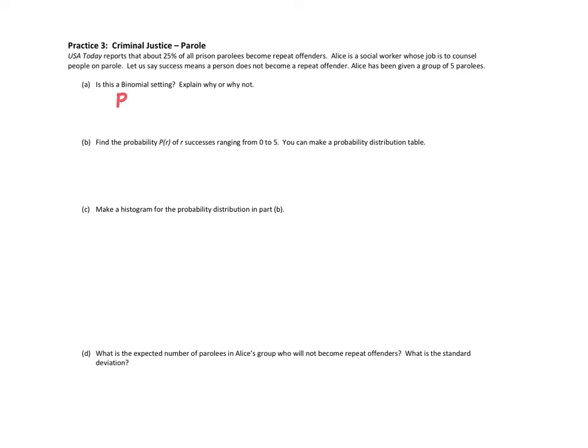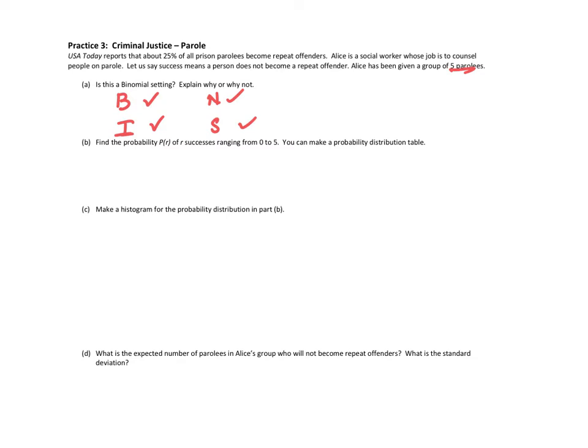Well, yes, they either become repeat offenders or they don't. Independence: we can assume independence here because one person's parole really has nothing to do with the other. We have a fixed number of trials, 5 parolees, and the probability of success is always 75%. Find the probability of our successes ranging from 0 to 5.